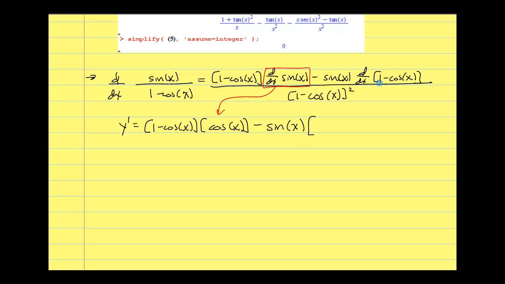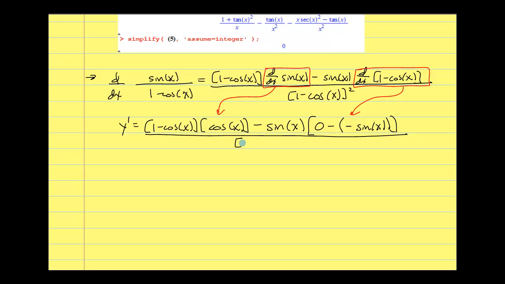The derivative of 1 is 0. Now I'm going to drag the minus sign along. The derivative of cosine of x is negative sine of x. So again, the derivative of this piece right here is here. And this is all divided through by 1 minus cosine of x quantity squared.